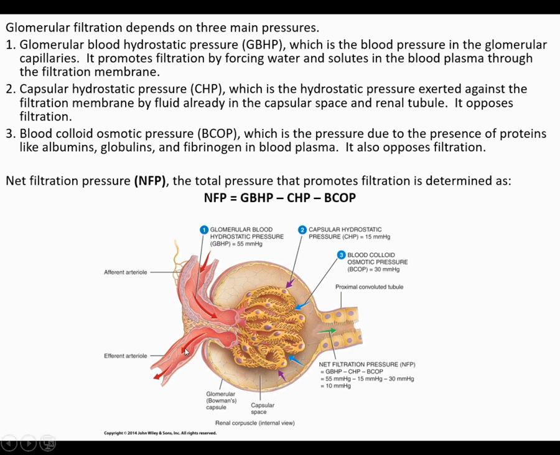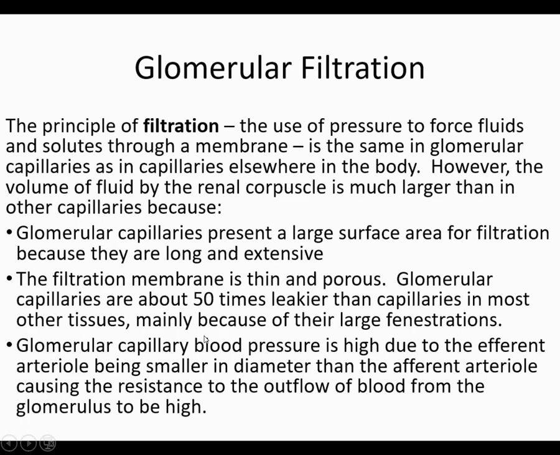So here's basically the same figure that we saw the other day of our glomerular capsule, the glomerulus, the afferent arteriole, and the efferent arteriole. Reading through, glomerular capillary blood pressure is high due to the efferent arteriole being smaller in diameter than the afferent arteriole, which causes resistance to the outflow of blood from the glomerulus to be very high.